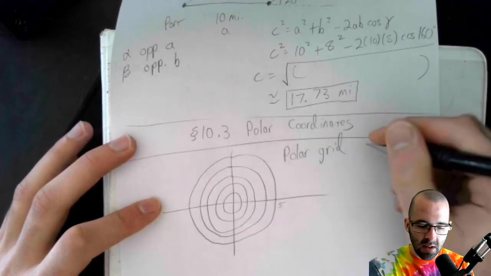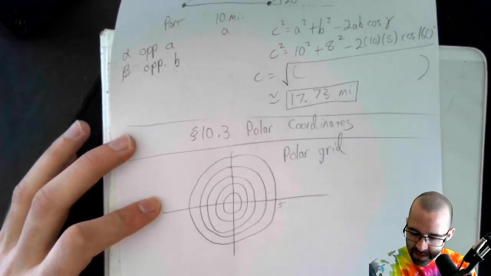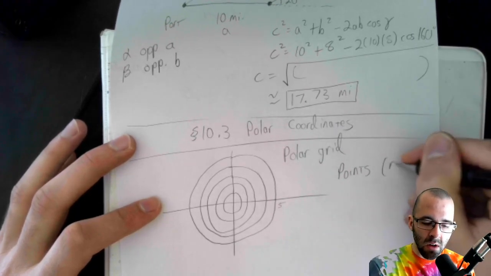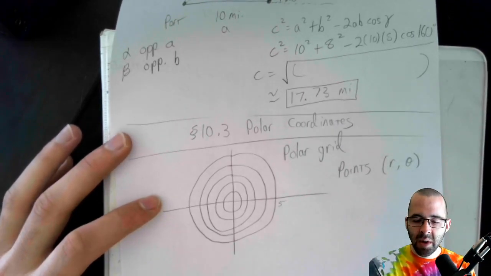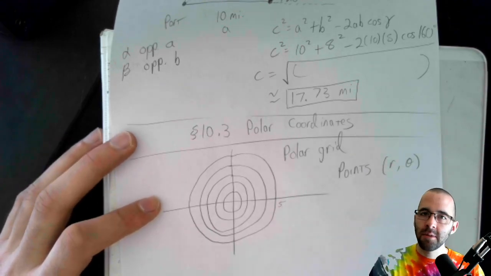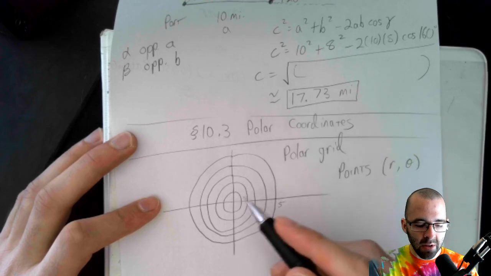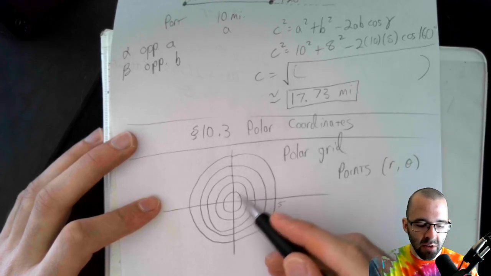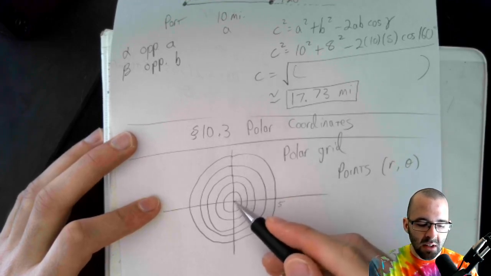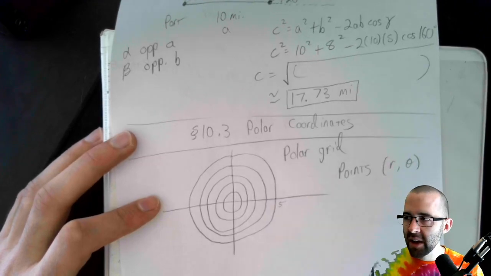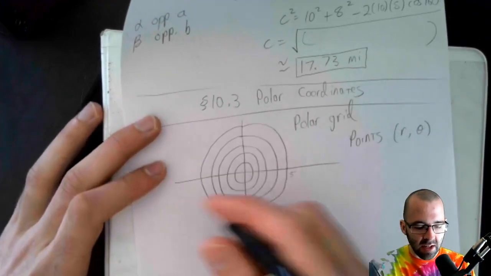Okay. So these points are of the form r comma theta, radius and angle. Usually we find the angle first. So like if pi over 4 is our angle, we'd say, okay, we're somewhere in this direction, 45 degrees. Is our radius 1, 2, 3, 4, 5, somewhere in between. We'll plot that way. So let's just get right into it.